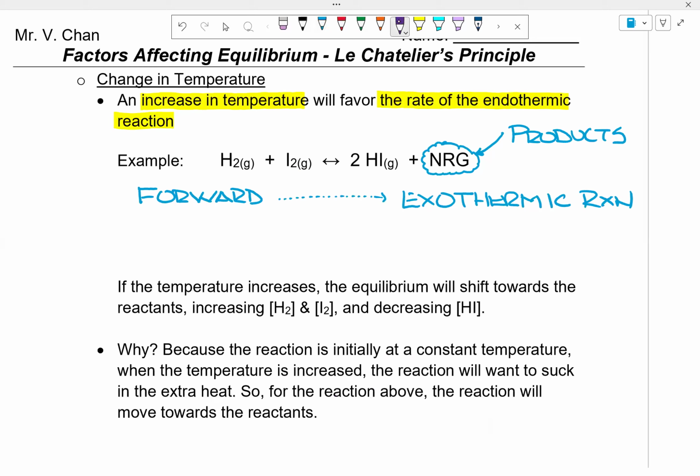If I were to go in the opposite direction, in the reverse, this would be endothermic.